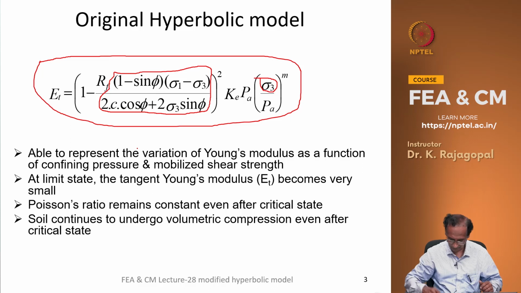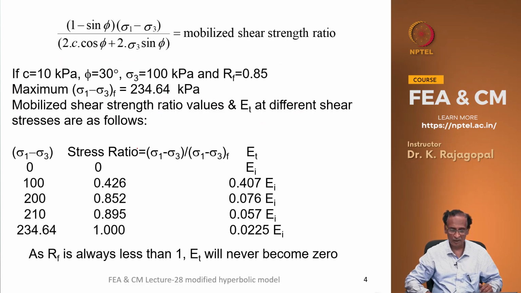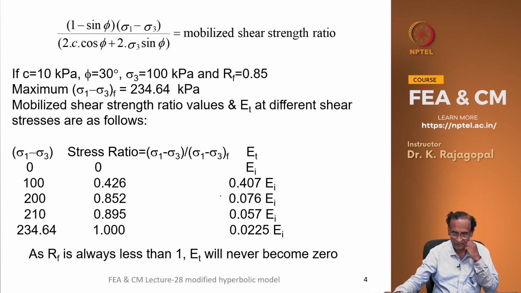Okay. So, let us try to see how we can incorporate this, and this is what we had seen in the previous class. As the shear stress is increasing, your shear modulus will go on reducing. Initially we have the Young's modulus as EI, and then as the shear stress is increasing, your modulus is reducing, and ultimately it has come down to 0.0225 times EI.